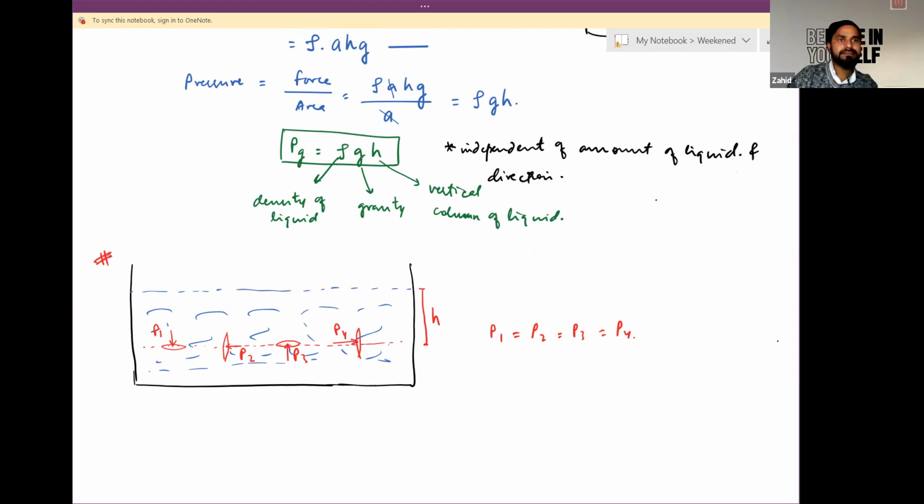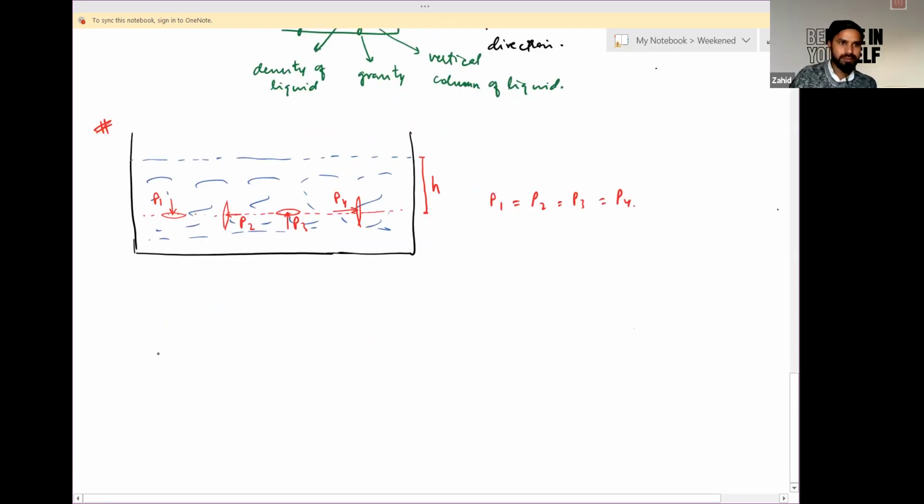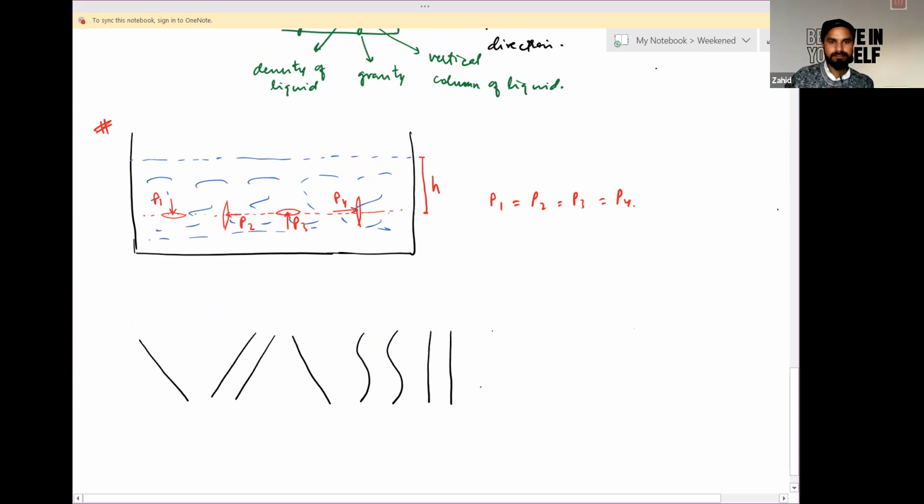The next thing is, if there is connecting tube having different cross-sectional segment, let's say first is like this, the other is like this, next is like this, other may have shape like this, and so on.